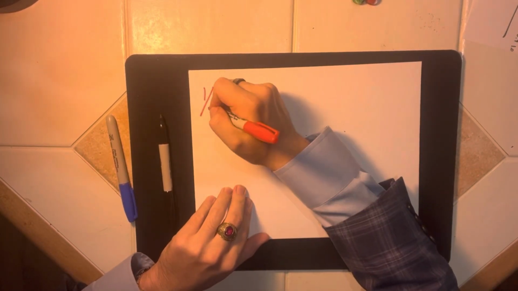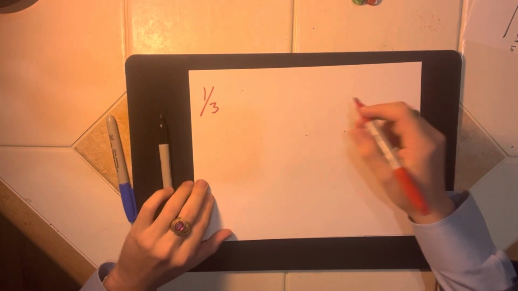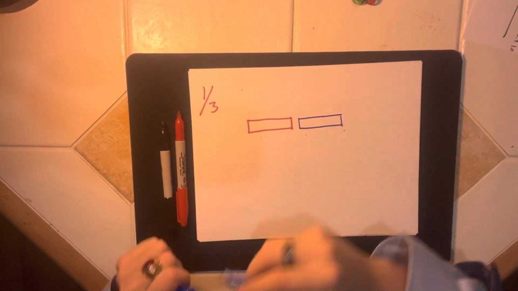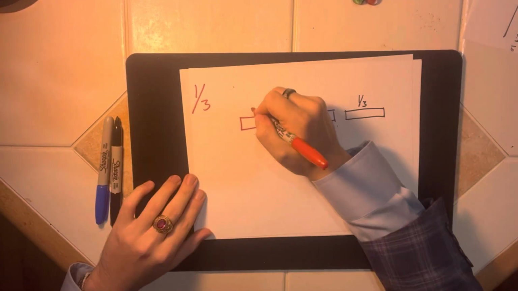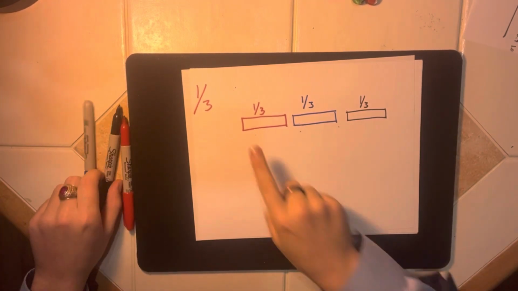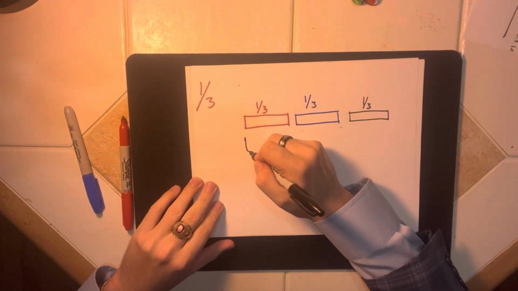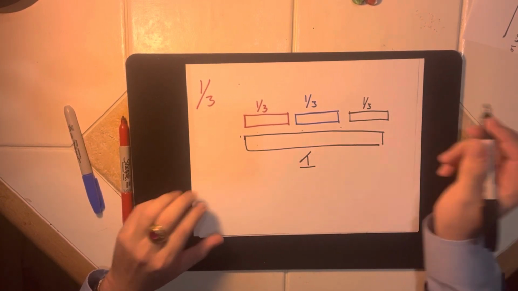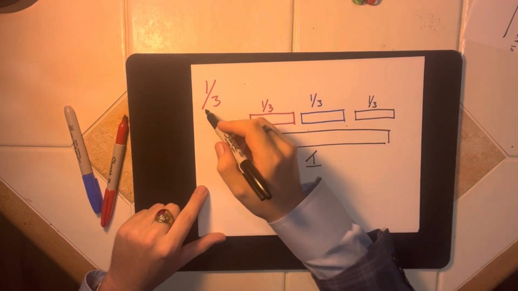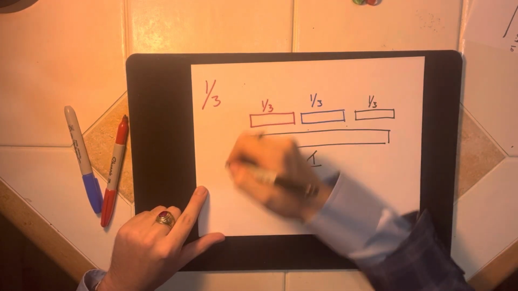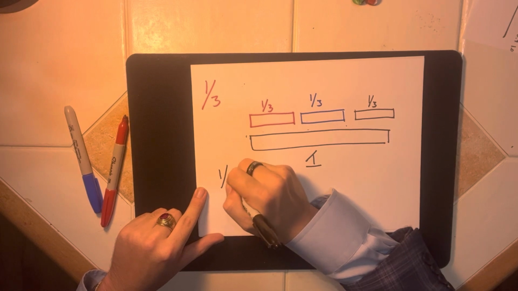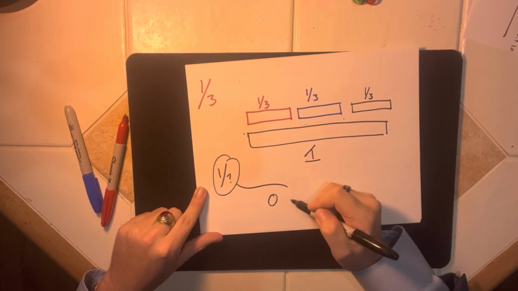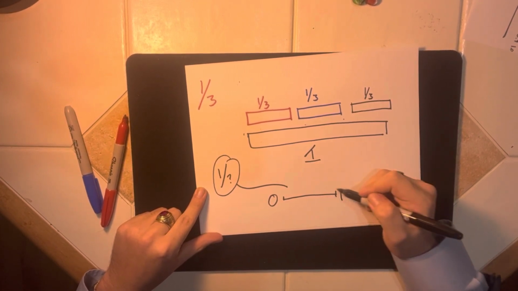Let's try 1/3. This time we have not 1, 2, but 3, and 3/3 are equal to 1. So all of these 1/whatevers, all of these are just the numbers that are in between 1 and 0.